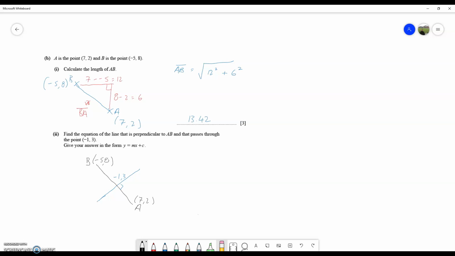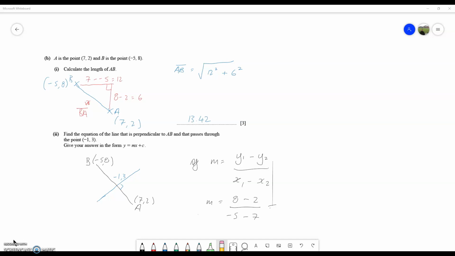So obviously the first part of this is working out what the gradient is of the original AB line, which we can do using the following formula, and then we can substitute in our different values.